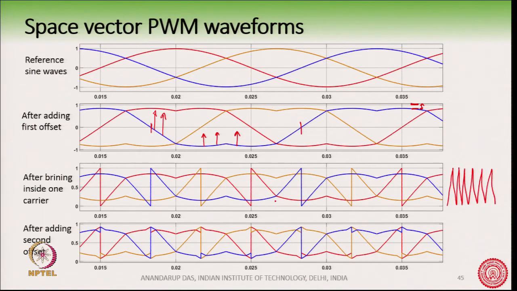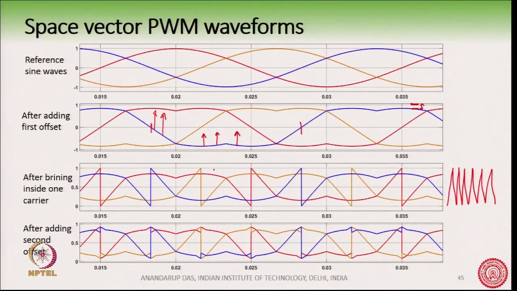Now, what happens after we have brought these waveforms into one carrier? We see that the start and end vectors are not equal. How can we know that?